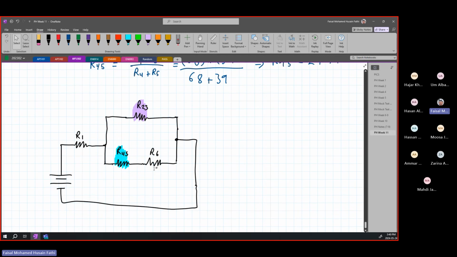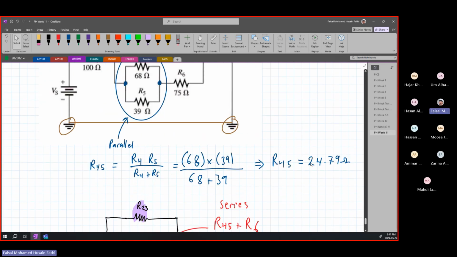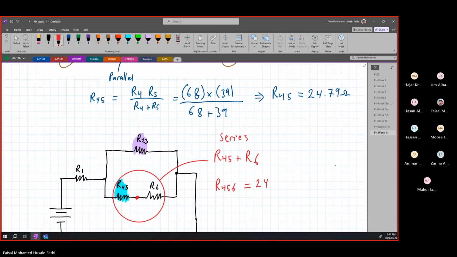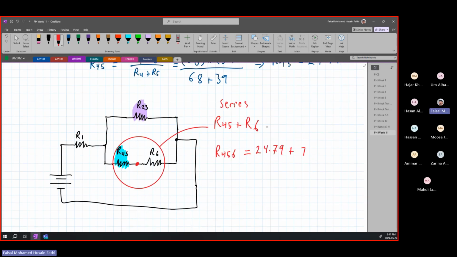Now we are going to look at this and do the same exact simplification again. We notice that this is the easiest simplification we can do, and they're connected in series. So we're going to do R45 plus R6 because they are in series. We'll call it R456, which is equal to R45, which was 24.79, plus R6, which is 75 ohms.